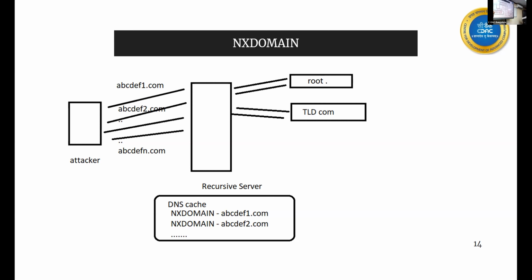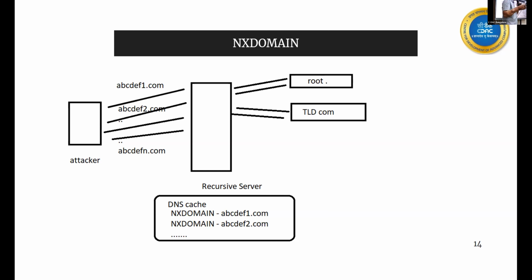So what is happening here? Your DNS cache is getting filled with unwanted data. Suppose the cache size is, say, 100 MB, and the attacker sends a huge number of those DNS queries so that this entire 100 MB can be occupied.